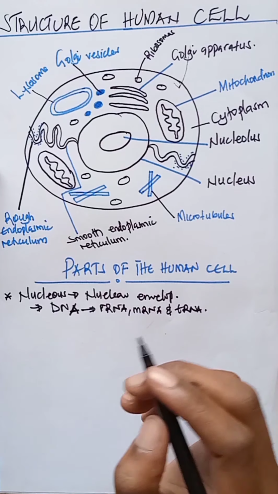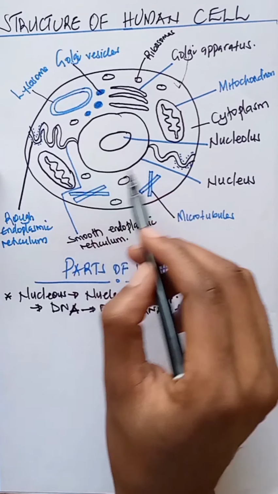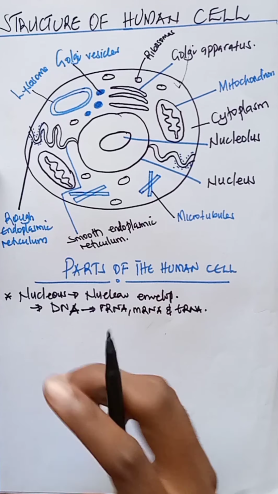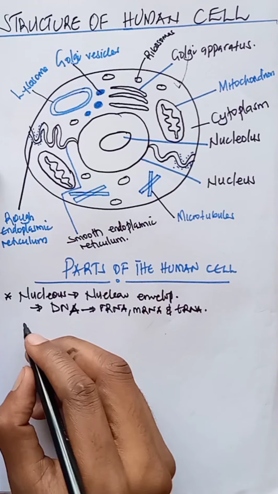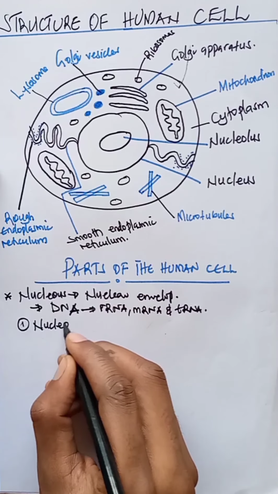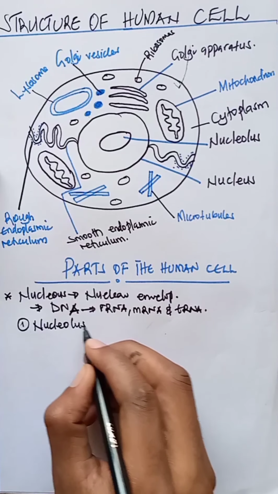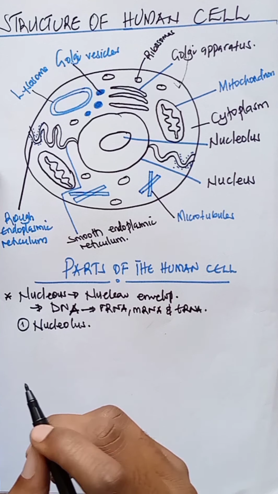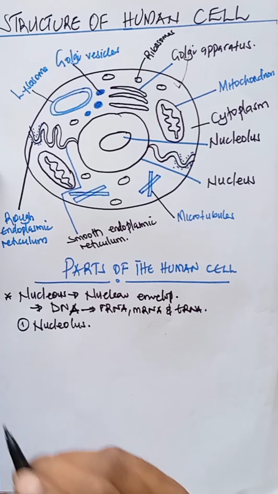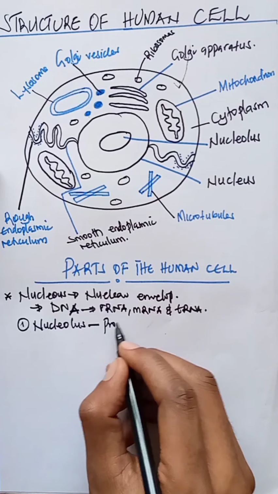The major parts of the nucleus: when you look at the nucleus itself, it has various structures. One is the nucleolus, and the nucleolus produces most of the ribosomal RNA that aids in formation of proteins.